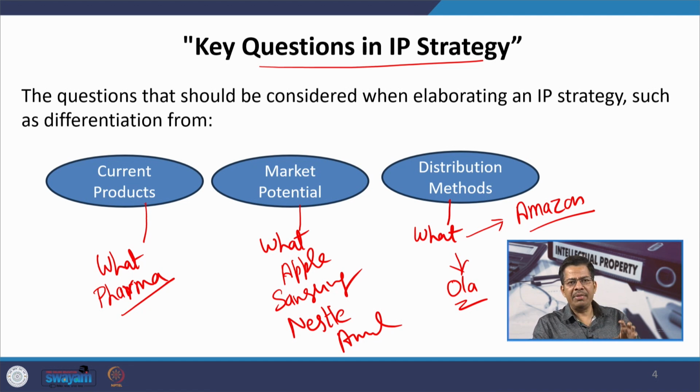So, I will be more focused about my products, and in this case patent related IP strategy is more suitable to me. So, depending upon what is my strength, whether it is related to products, whether it is related to markets, whether it is related to distribution, I will align my IP strategy accordingly. Should it be focused on patents, should it be focused on trademarks, should it be focused on copyrights, accordingly.